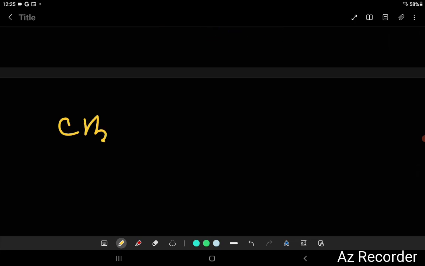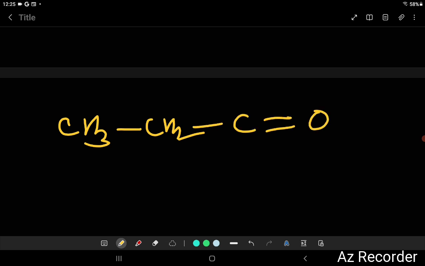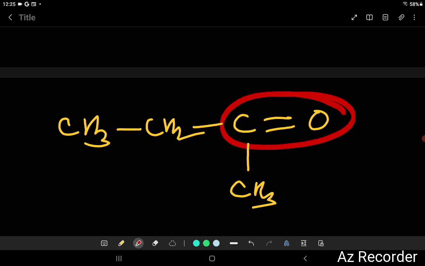CH3 single bond CH2 single bond C double bond O and single bond CH3. See here, this is the ketone group, because here carbon is attached and here also carbon is attached.